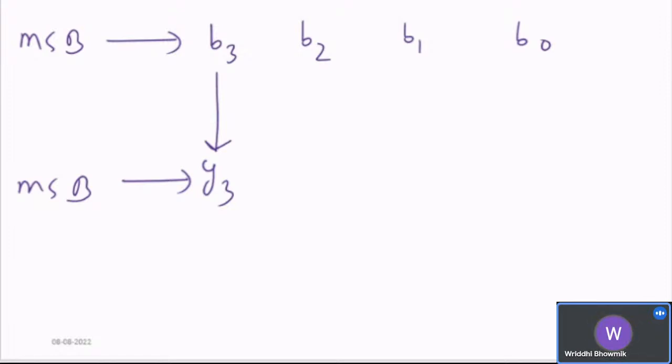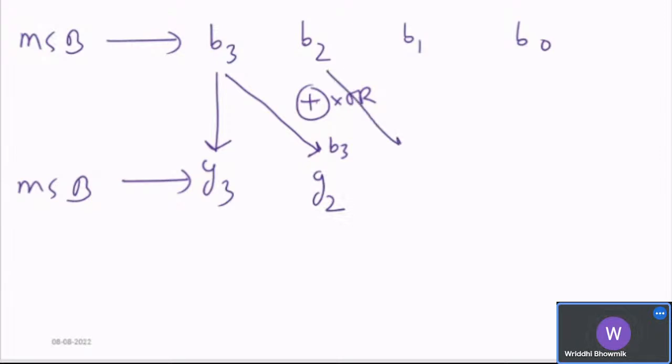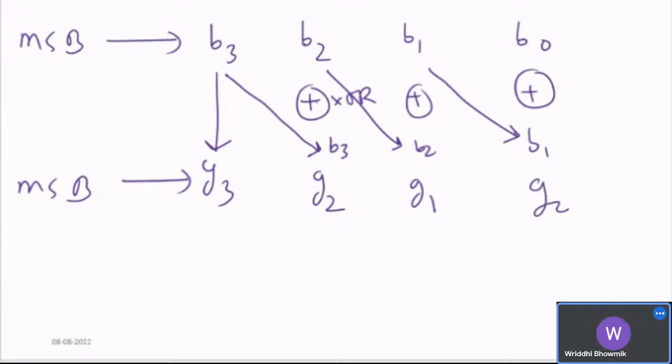And then you have to do the exclusive OR operation. B2 XOR B3 gives you G2. Then B2 XOR B1 gives you G1. Then B1 XOR B0 gives you G0. So this is the gray code.